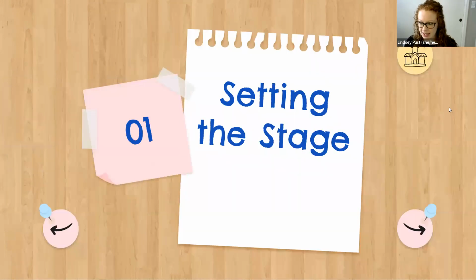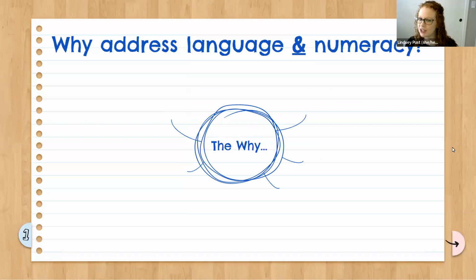So, setting the stage, why address language and numeracy together? If we're thinking about numeracy, not necessarily that everybody has to take calculus, but what if you think about numeracy as the counterpart to literacy, what math is required for all of us to be able to make sense of throughout life, because we're encountering numbers all the time.